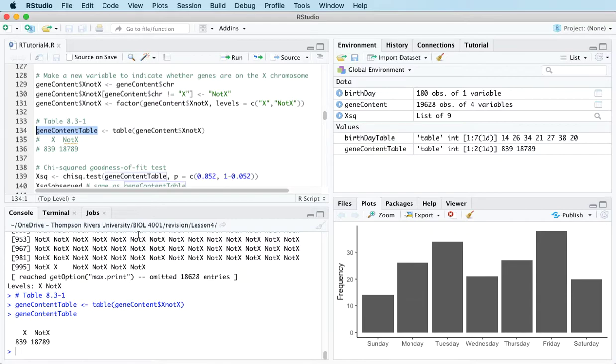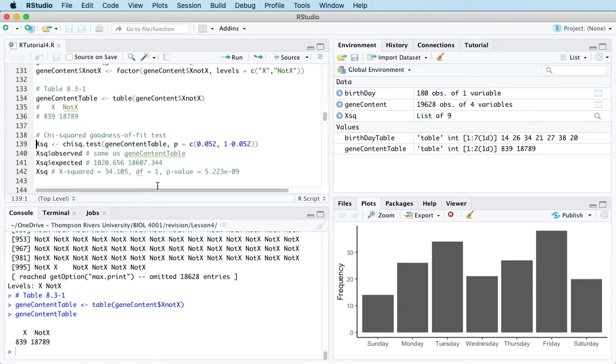And so the test that we're going to do here is, because the X chromosome represents 5.2% of the DNA content of the entire human genome, that's going to tell us our null hypothesis here, because we're going to test whether the population proportion for on the X chromosome is 5.2%, and then the population proportion that's not on the X chromosome, the test value is going to be, what would that be, 94.8%.